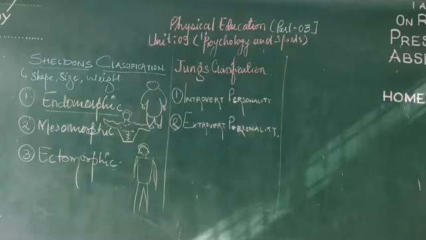So if it is based on the social dimension, it is basically of two types: introvert, extrovert, and one more thing which is not in our textbook, but yeah, ambivert.